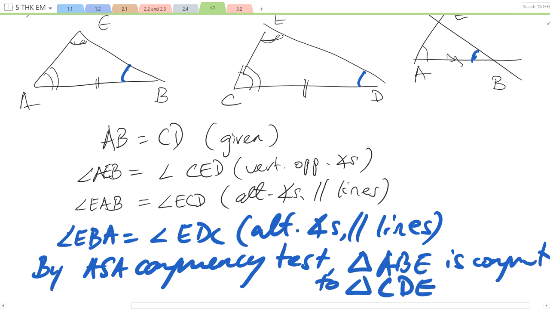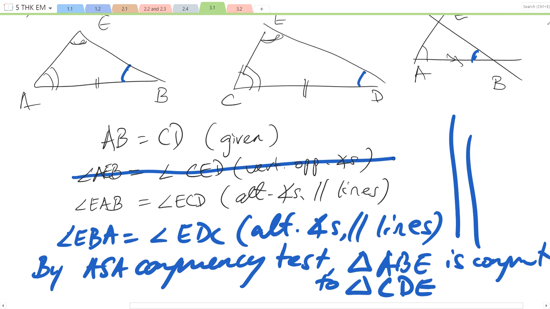So all of these 4 pieces of information, which one is redundant? Which one can we not have? Vertically opposite. We did not require this actually. So 3 pieces of information will be good enough. If you included this, you are not wrong also. It's just you do extra work only without getting extra marks.